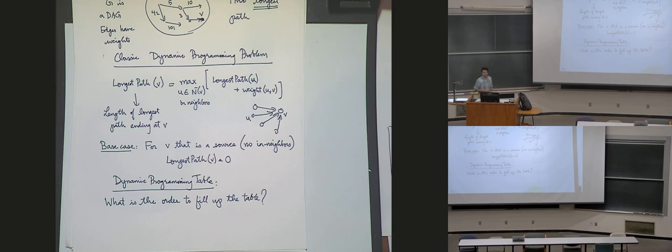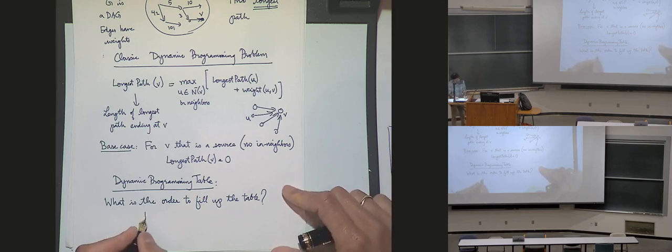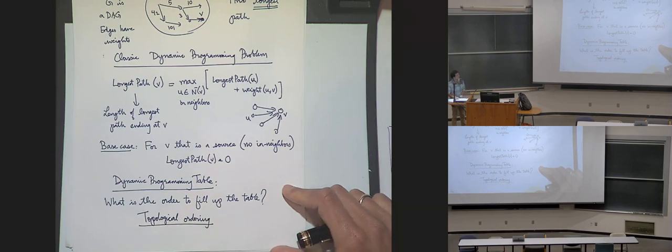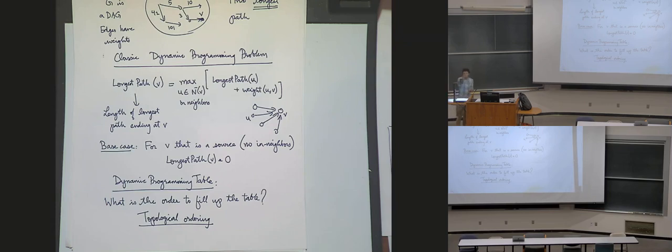So how do you find all the sources? If you just do a topological ordering, then automatically the sources will be before everything else. So essentially, it all comes together like that.